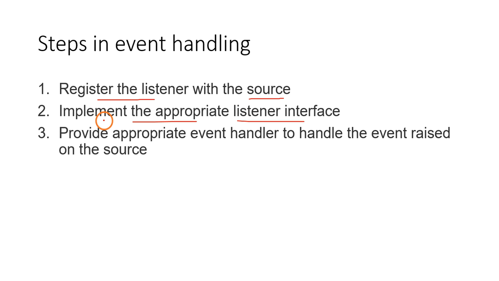The last step is you have to provide event handlers to handle the events. Only three steps: register the listener with the source, implement the appropriate listener interface, and finally provide the event handling code. So that's all. This is the theory associated with event handling.